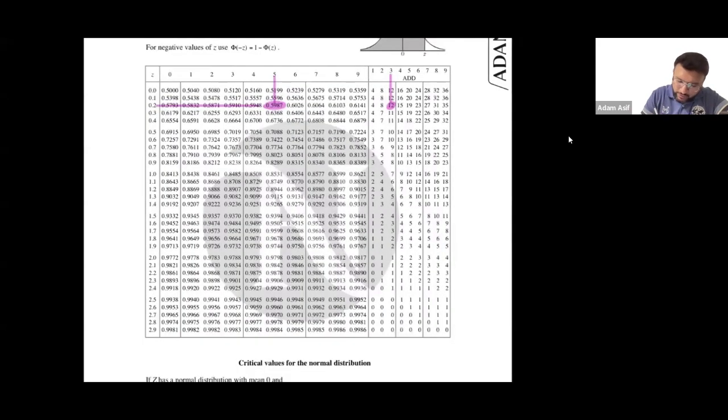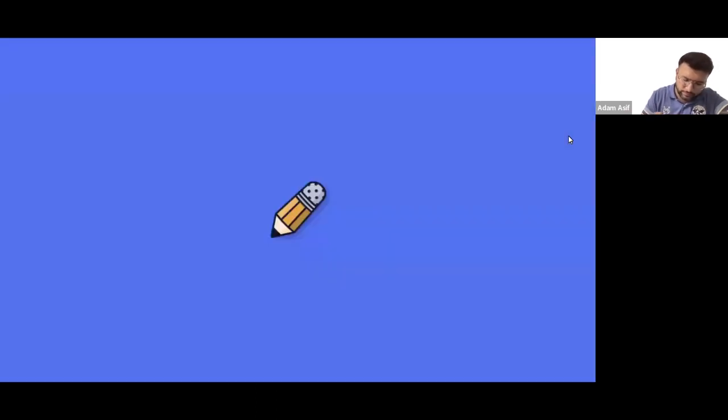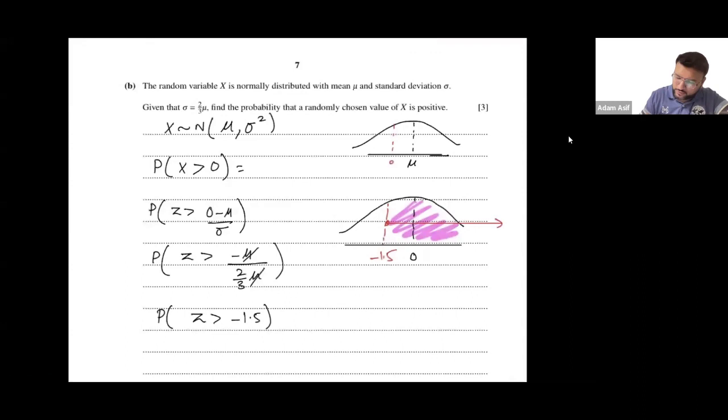The body area at 1.5 comes out to be 0.9332. So the answer comes out to be 0.933. That is the working for part B.